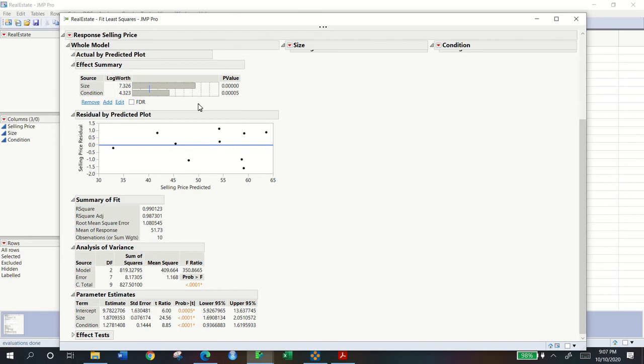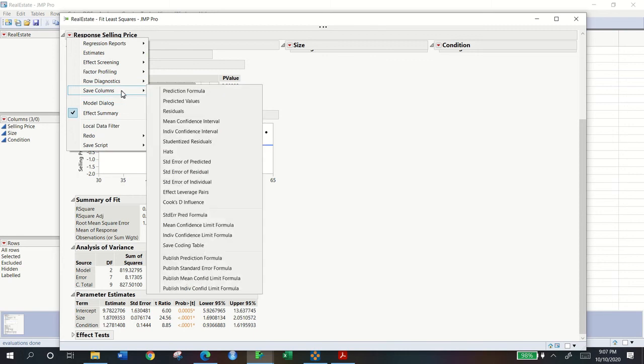Now the main part we were looking at is how we can get all those predicted values, the mu hat of y given x1, x2, and the standard error measurements. Once again, we select the red triangle, save columns, predicted values. That's going to give us the mu hat of y given x1, x2.